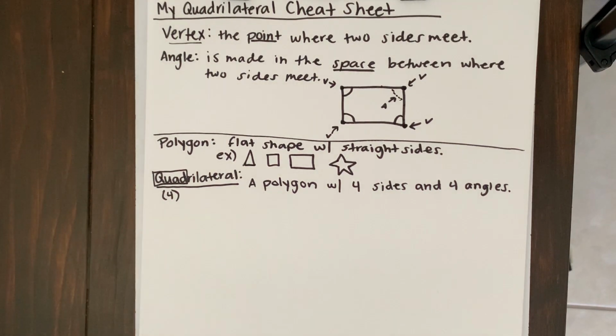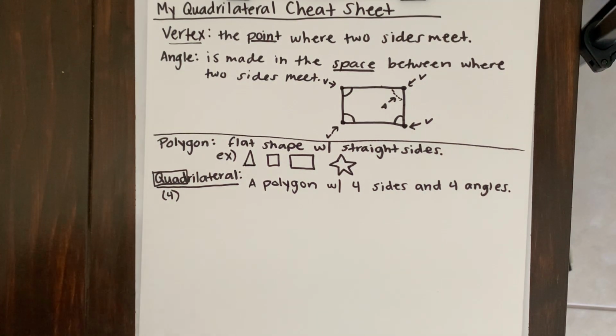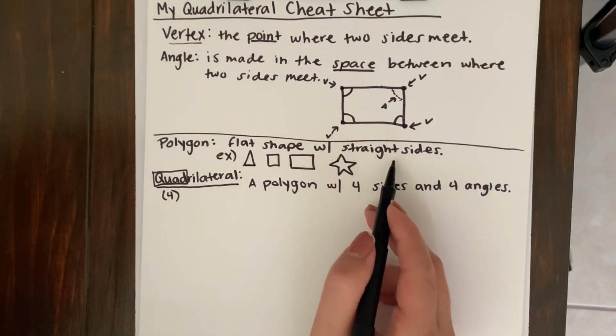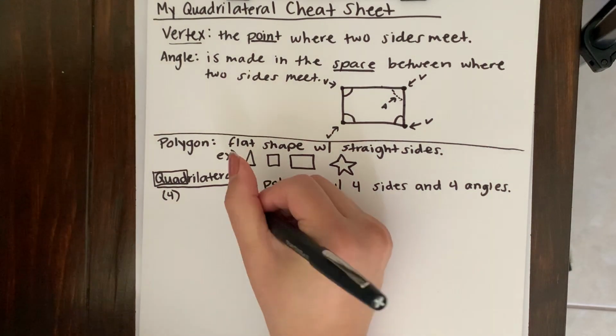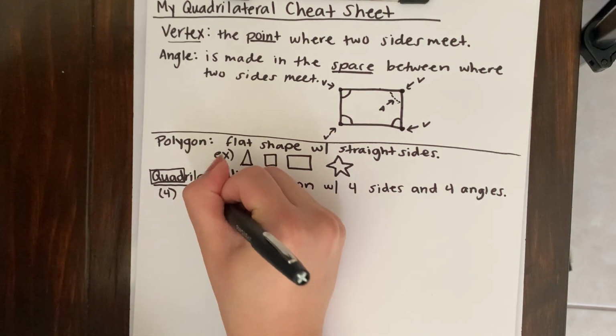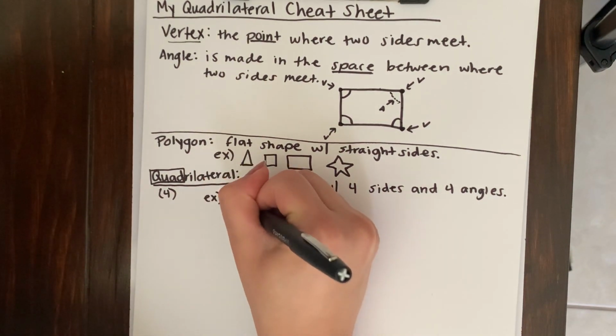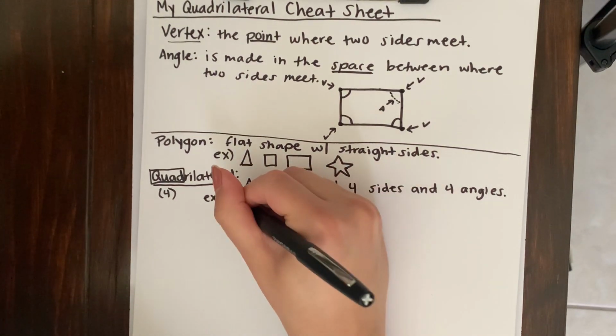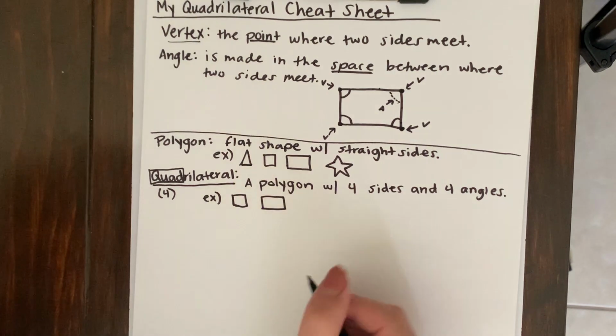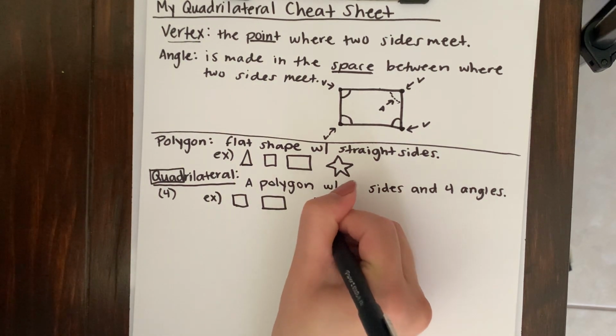Some examples of quadrilaterals are any flat shapes with straight sides that have 4 straight sides and 4 angles. For example, we could have a square, we could have a rectangle, and it doesn't have to be exactly like this. It could be some of these squished ones.